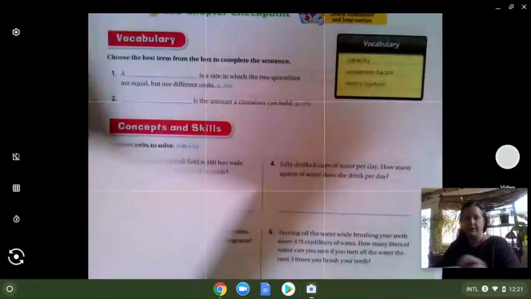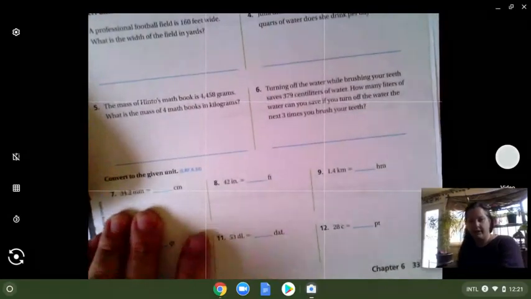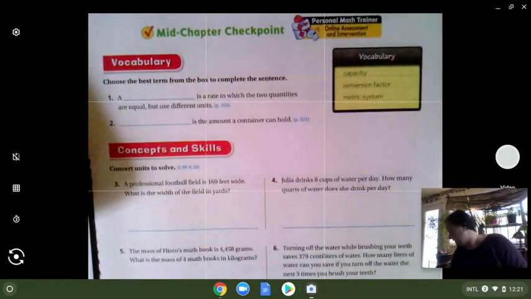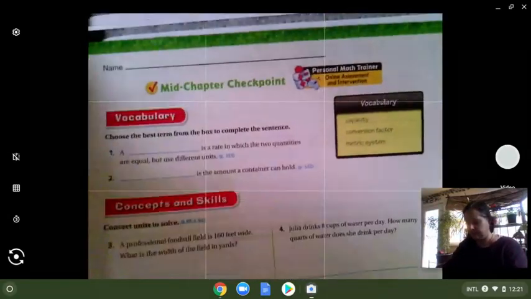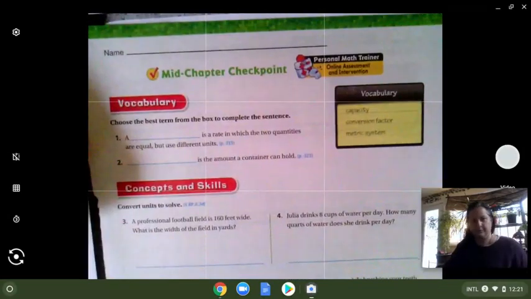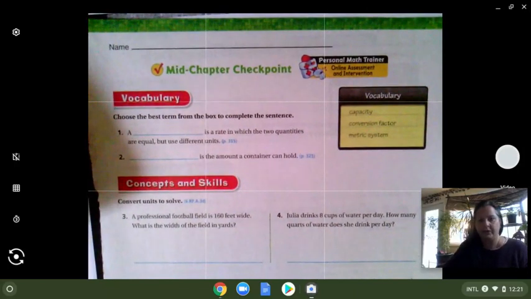Okay, so I need everybody to go open their book to page 333 and 334. That's going to be the lesson that you're going to be going over with me today. And we're going to be doing this.